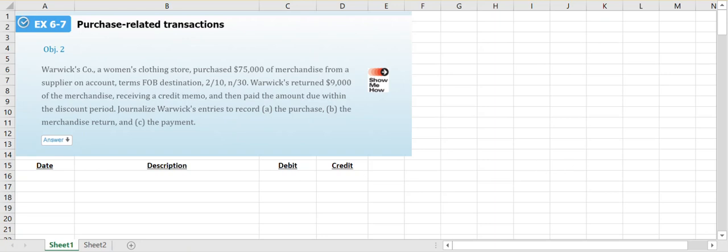So in part A, they want us to record the purchase. What we are buying is an asset. We are buying merchandise inventory.